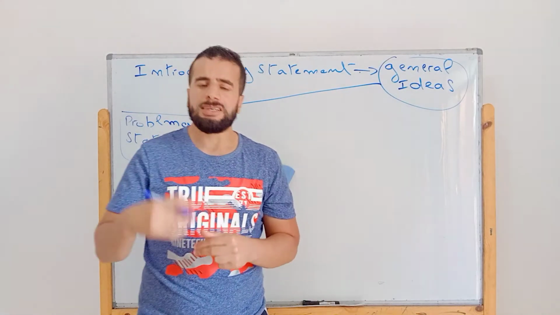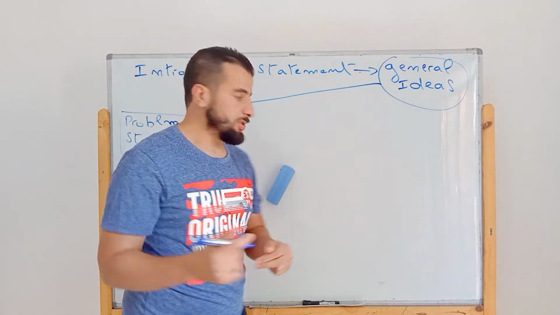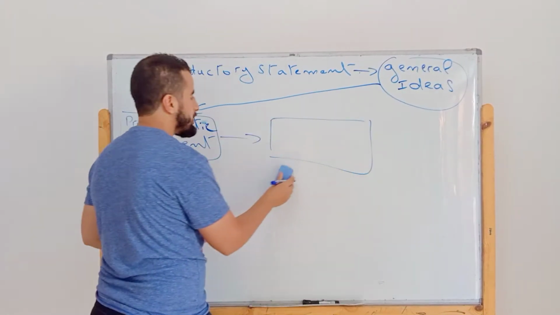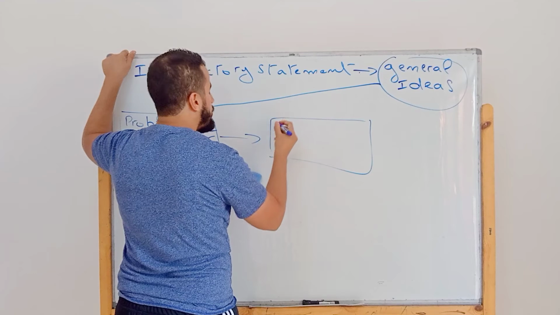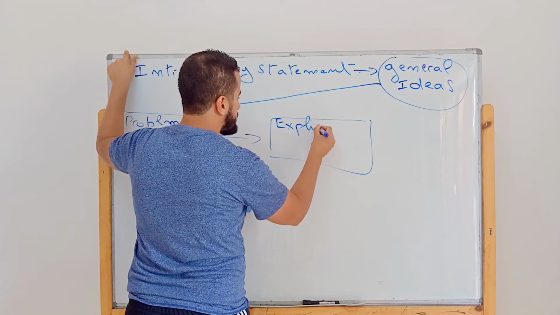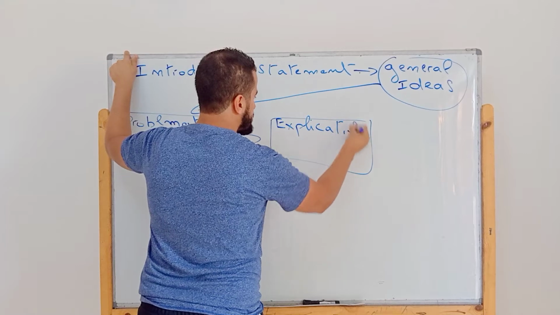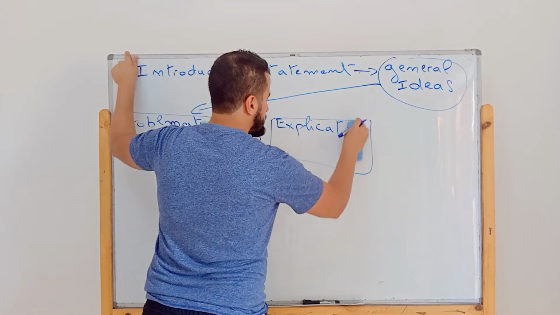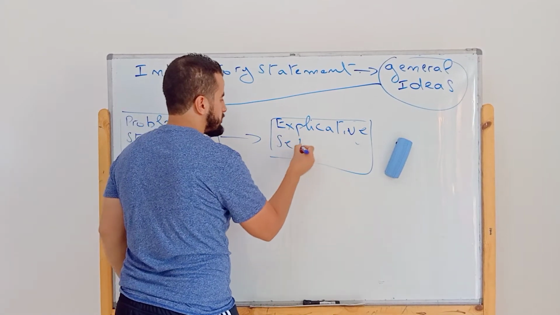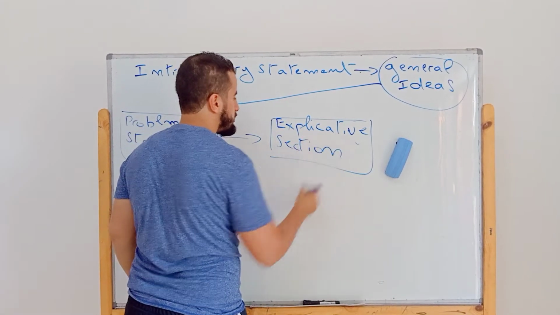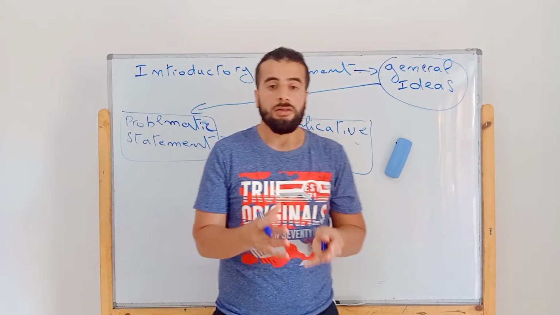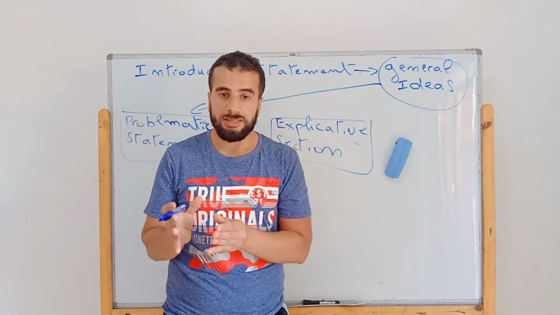The second paragraph is the in-depth explanations. So here we move to the body paragraph where we provide explanatory or explicative content. So in explicative sections, or explaining sections, you are going to talk about things, okay?